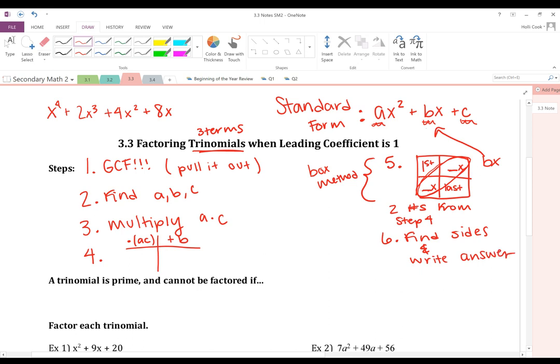Now, most people do prefer this box method, but I'm going to go over the other one as well because there are a few people who like that one. That one's called by grouping. Again, it doesn't matter which one you use, you'll get the same answer either way. If you're doing by grouping, your step 5 is going to be replace bx, your middle term, with your 2 numbers from step 4.